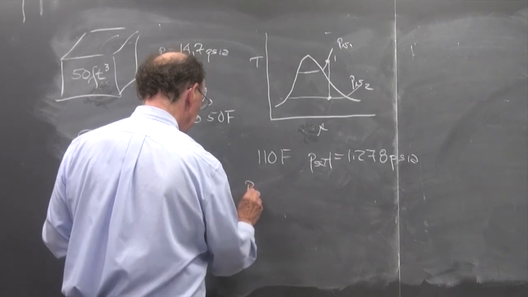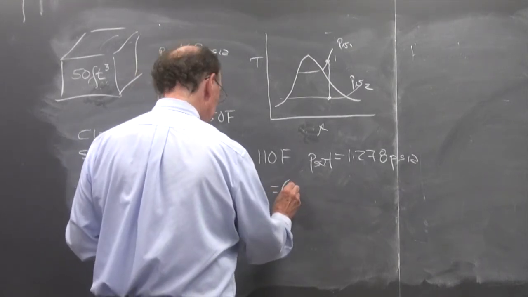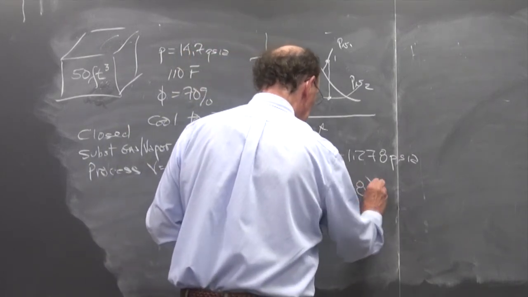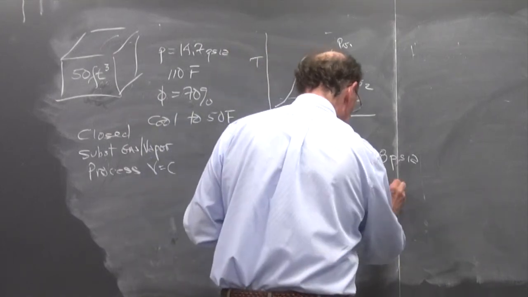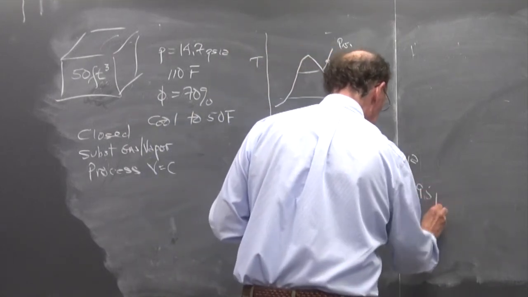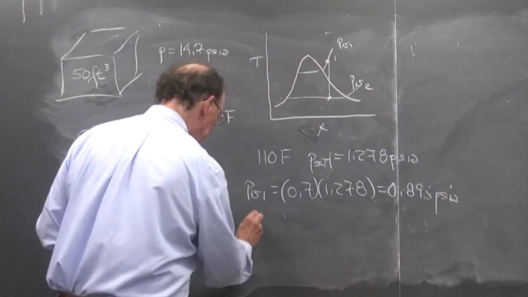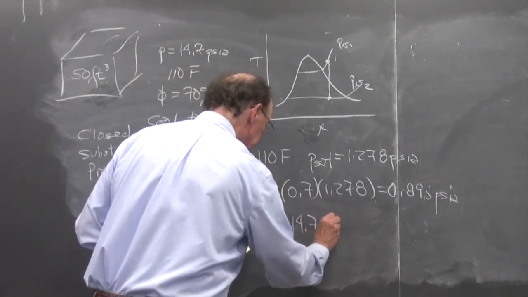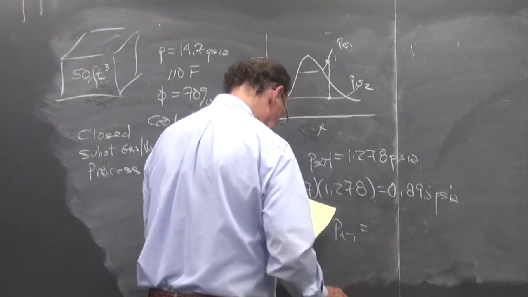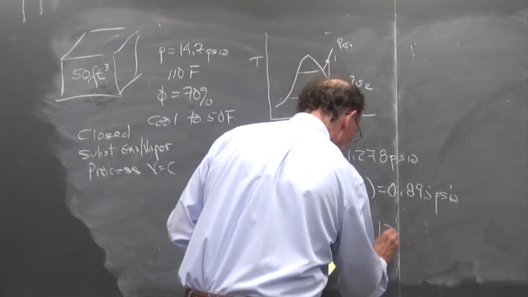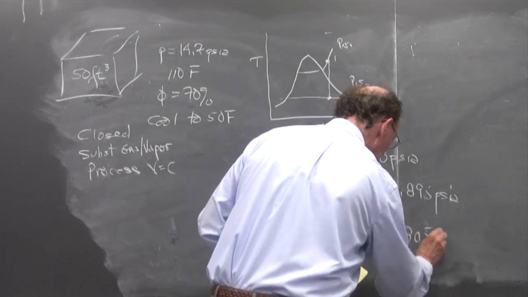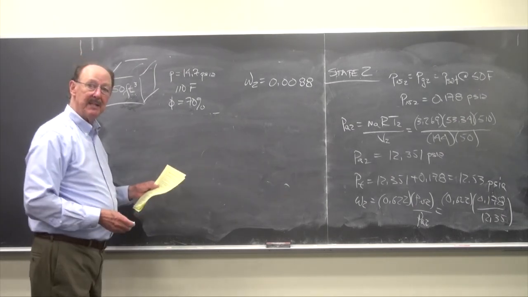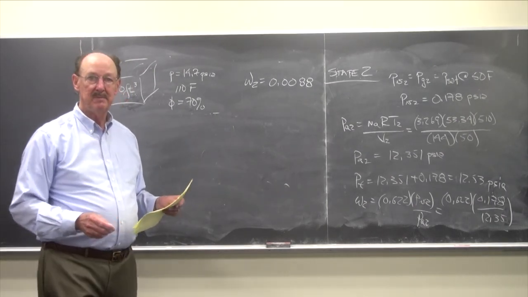So P sub V1 is equal to 0.7 times 1.278, which is 0.895 psia, and P air is equal to 14.7 minus PV1, which is equal to 13.805. We'll see how much liquid came out in just a second.